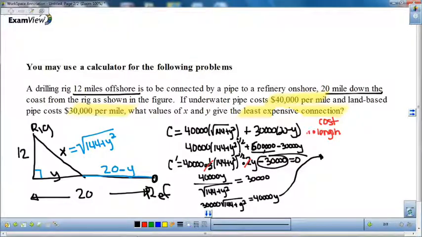If I divide by 30,000, I'm going to have the square root of 144 plus Y squared equal to 4/3 Y. So I'm going to square both sides.